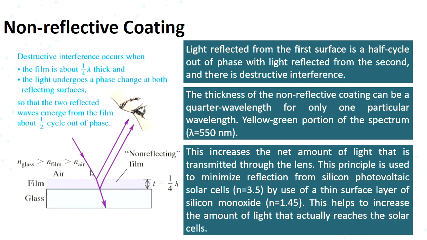So here our n sub a is air and n sub b is the film. So we have here a half cycle phase change. Also here, we also have a half cycle phase change. Okay.